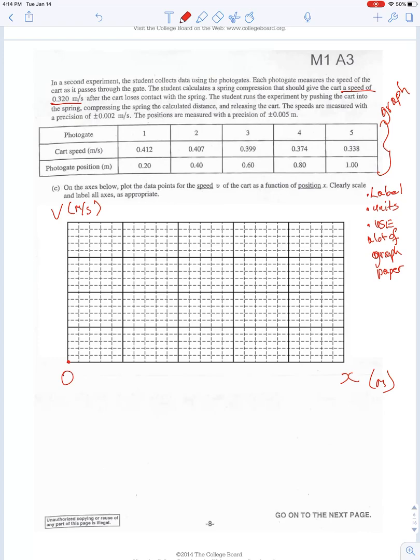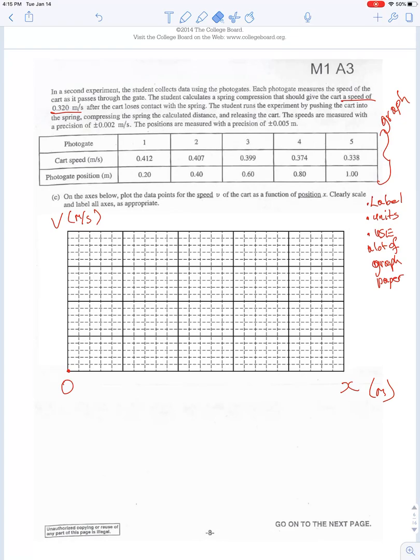Let's see. The cart speed goes from 0.412 to 0.3312. So that's 1, 2, 3, 4. Okay, so let's see. We're going to make each one of these 1, 2, 3, 4, 5. Scaling.